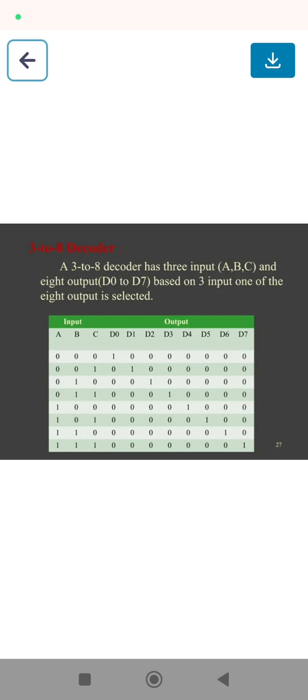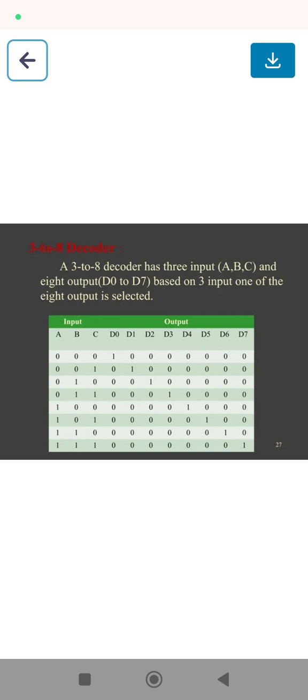So here we can see about the 3 to 8 decoder. A 3 to 8 decoder has 3 inputs A, B, C and 8 outputs D0 to D7. Based on the 3 inputs, one of the 8 outputs is selected. If the input is 0 0 0, then D0 will be selected.